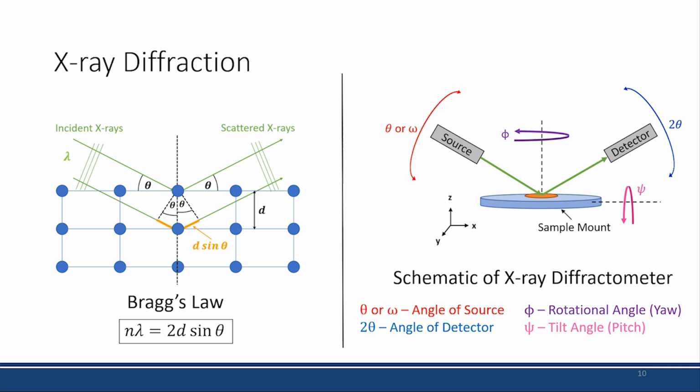But what's particularly important to this calculation and technique is also the rotational angle, which some might think of as yaw. That would be how your sample actually rotates around. And then also this tilt angle, which you can think of as pitch. And that's going to be how your sample is tilted with respect to the surface normal.